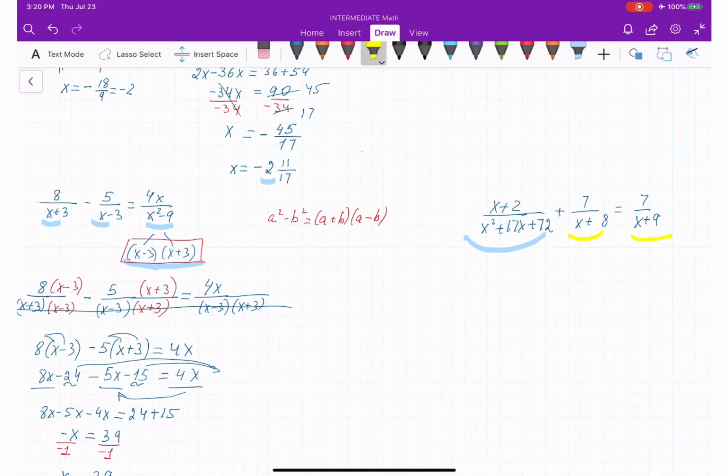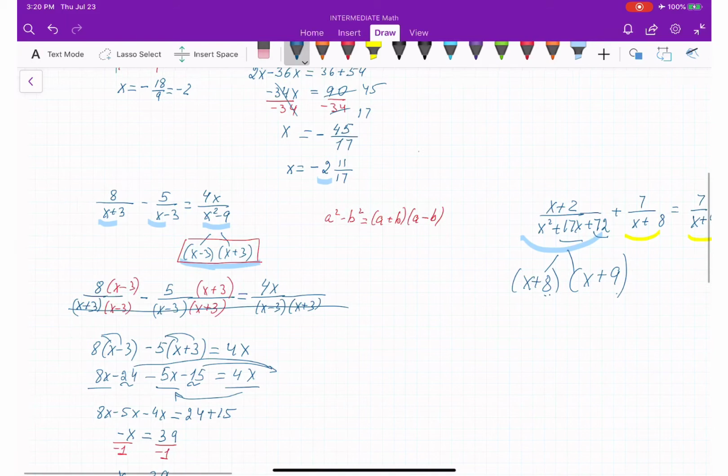Which means if I have x squared plus 17x plus 72, I believe it's going to become x plus 8 times x plus 9. See? Let's check. 8 times 9 is 72, and 8 plus 9 is 17.